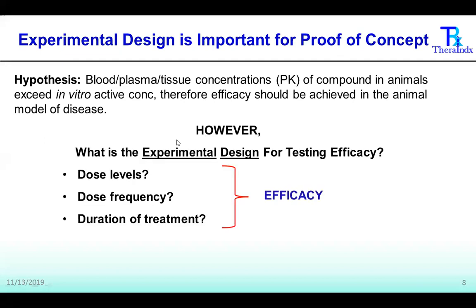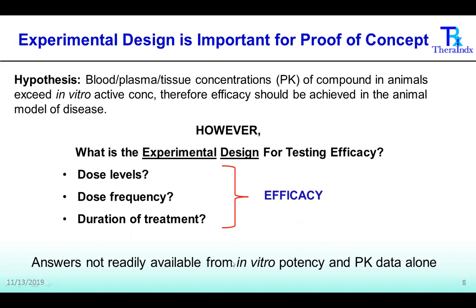However, what is the experimental design for testing efficacy? What should the dose levels be? What should the dose frequency be? What is the duration of treatment to get efficacy? These answers are not readily available from in vitro potency and PK data alone.